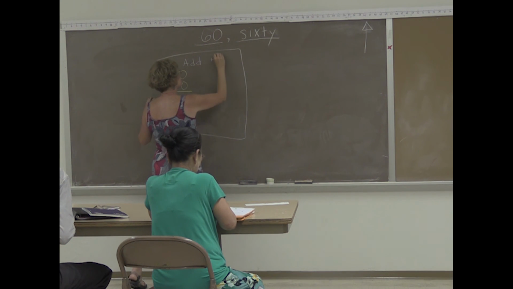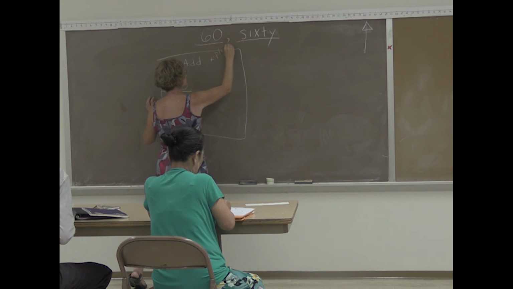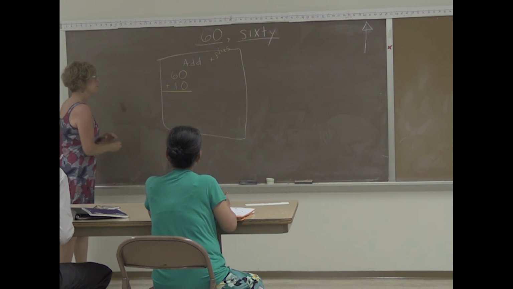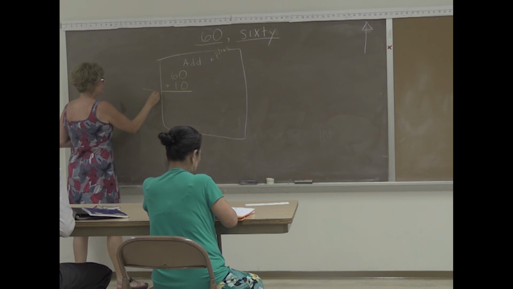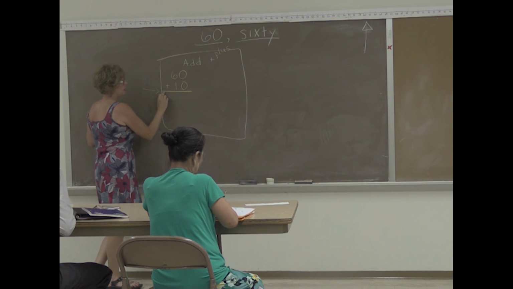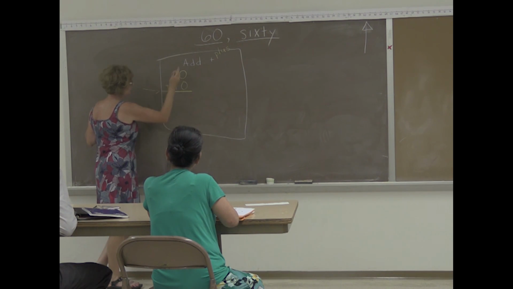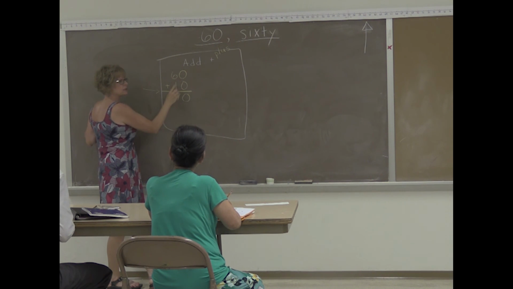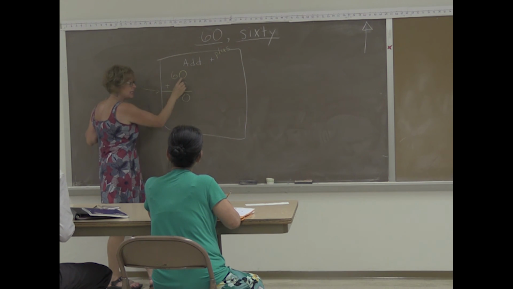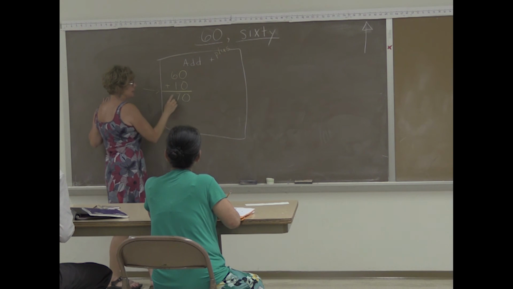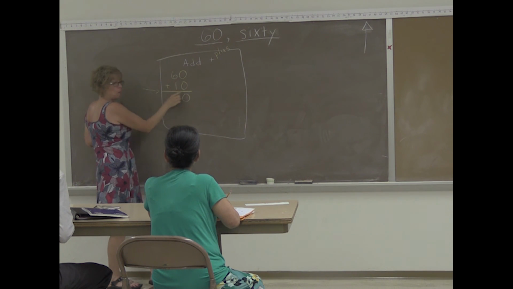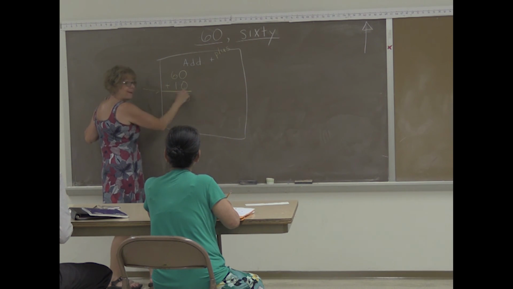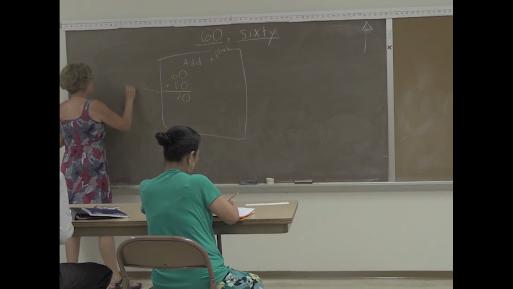Remember, when we see this word, we say in English, plus. And when we see this line in English, what do we say? 70. Okay, we're going to put the answer. All right, 70. How do I read this in English? We say 60 plus 10 equals 70.